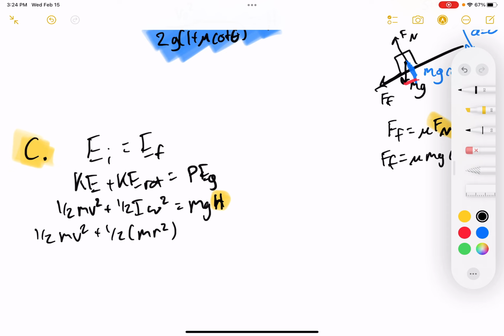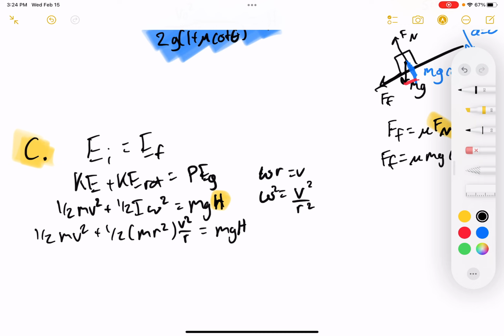And then remember, I can't leave omega in my answer because that's not a given. They didn't give me that variable, but I know that omega r equals v. So omega equals v divided by r, and if I square all of this, I get omega squared equals v squared over r squared. So I have v squared over r squared equals mgh.